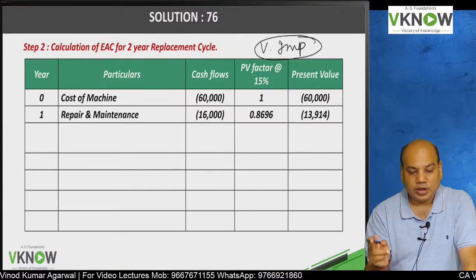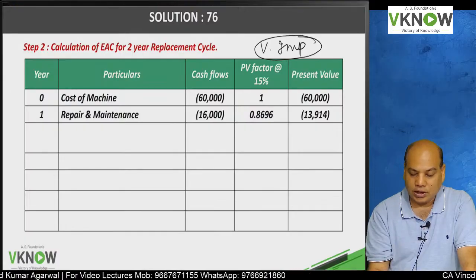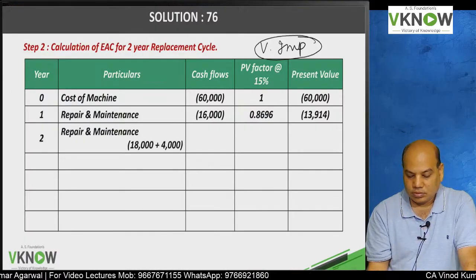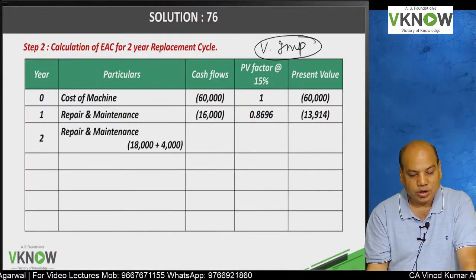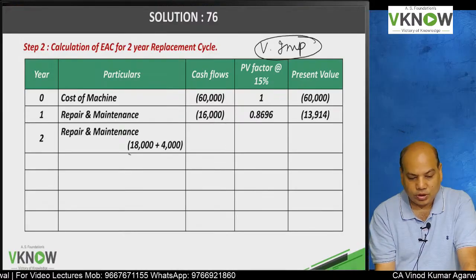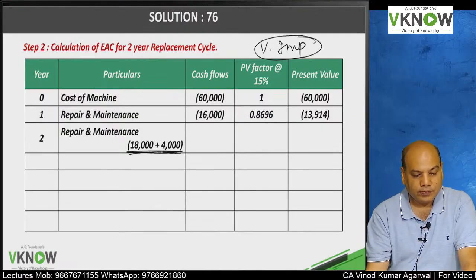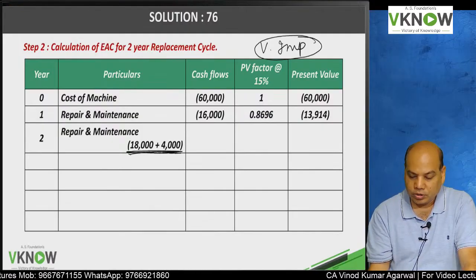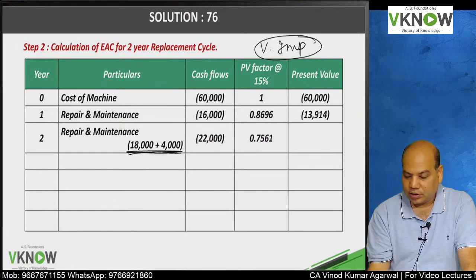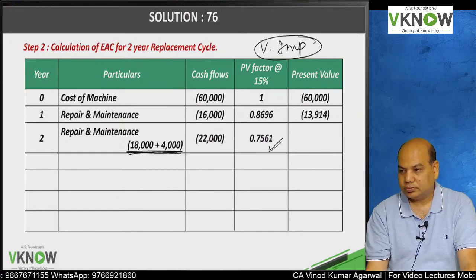Scrap value is written in the year in which you are going to sell. In year 2 also I am going to incur repair and maintenance cost. You can see in your question 18,000 plus 4,000. 18 is maintenance, 4 is repair. So 22,000.